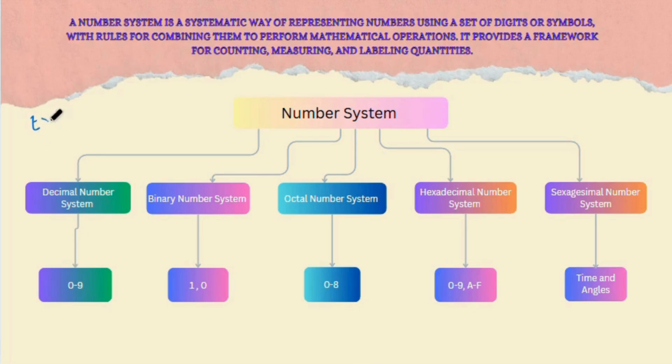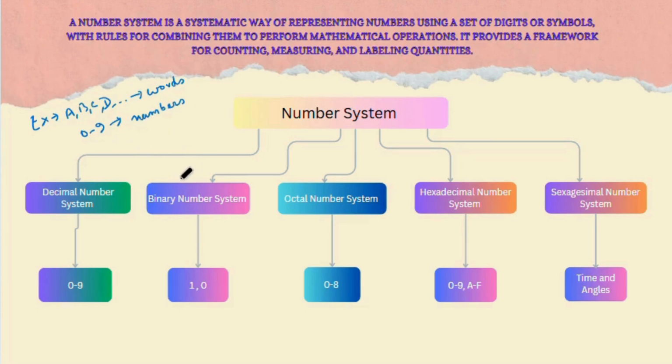For example, we use A, B, C, D, and so on to form words, right? In the same way, we use digits 0 to 9 to form numbers.